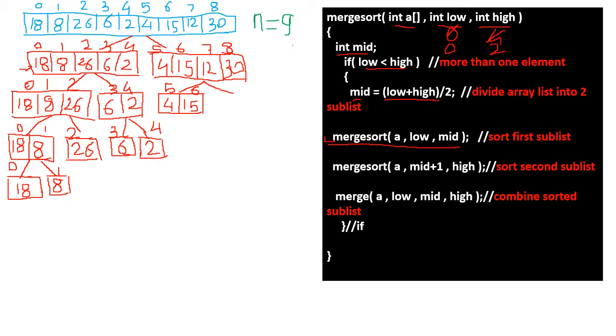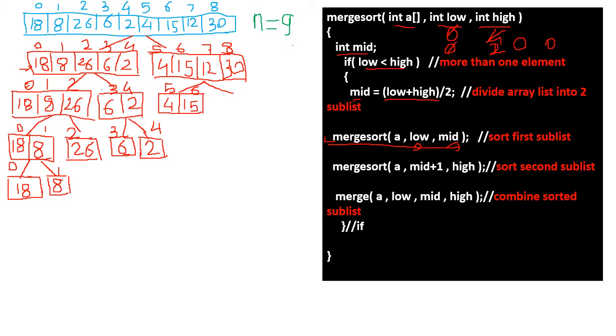If we check, when this merge sort will execute, at that time the low value is 0 and the mid value is 0. Then when this function is recursively called, again the low is 0 and the high value is also 0.